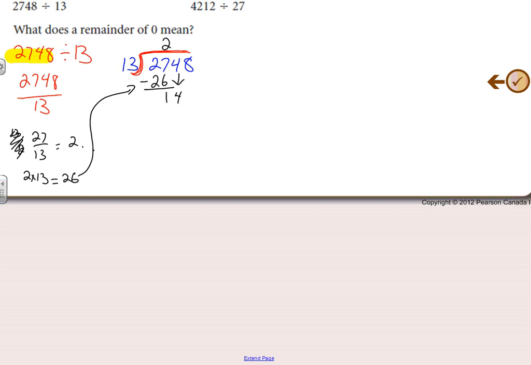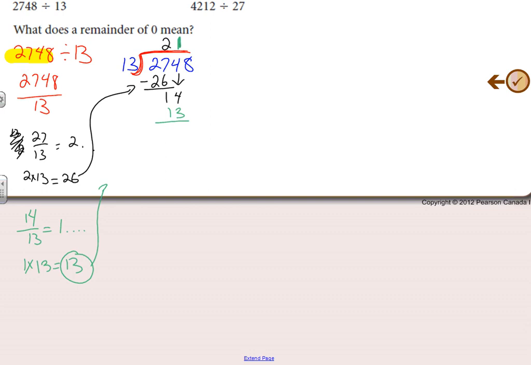We repeat that process. 14 divided by 13 gives us 1 point something. So 1 full time, and 1 goes up. Then 1 times 13 gives us 13. That number goes back in underneath.